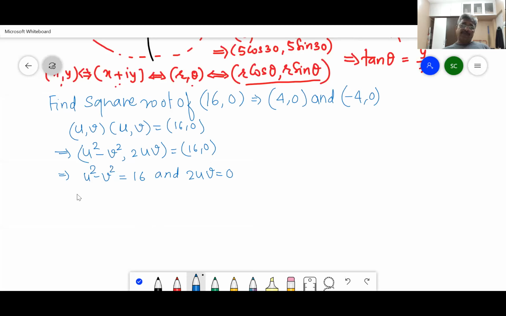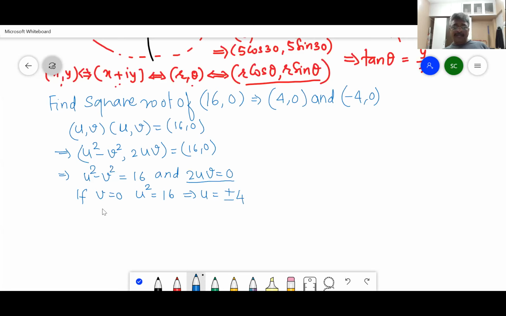So now we are in real numbers. If v is equal to 0, then our second condition is satisfied. u square is equal to 16 implies u is equal to plus or minus 4.